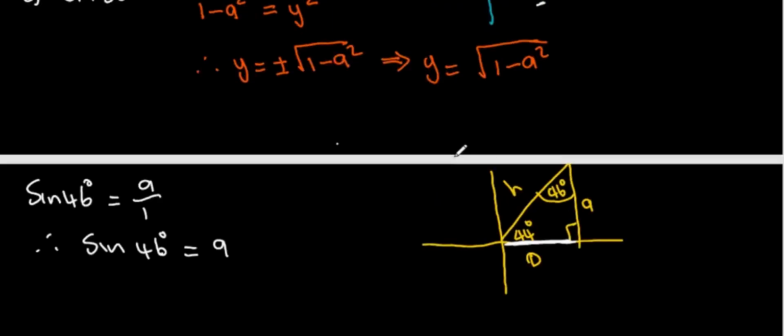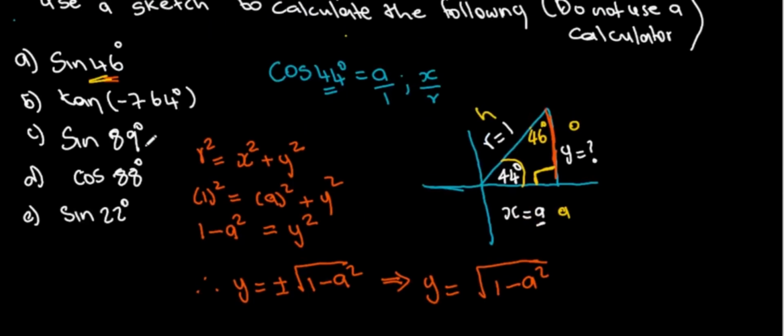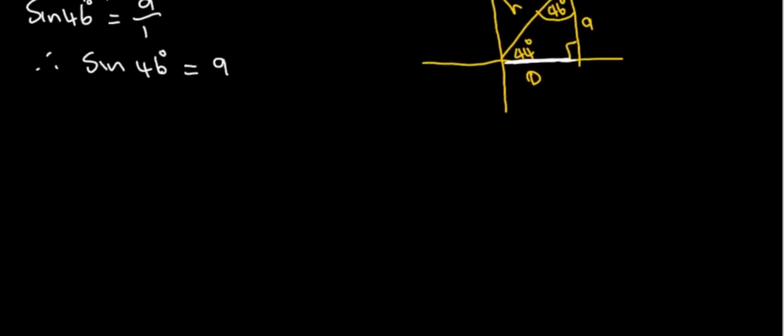Then we need to answer the next question. What do we have on the next question? Look at the next question. We have the tan of minus 764 degrees. We are looking for the tan of. So now, when I see something like this, I can see that I have a negative angle.